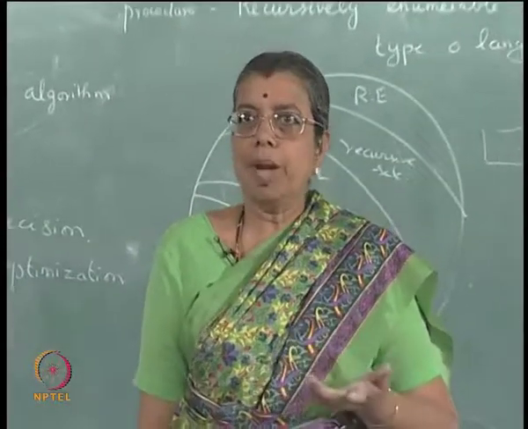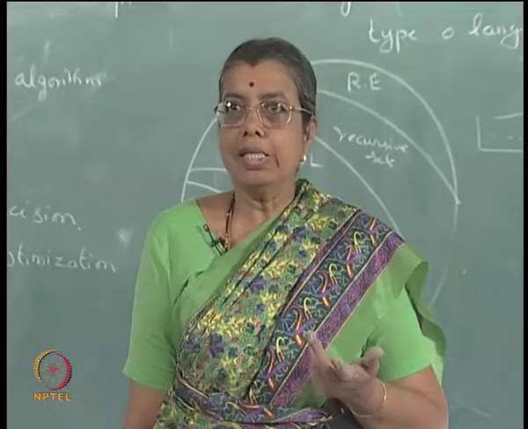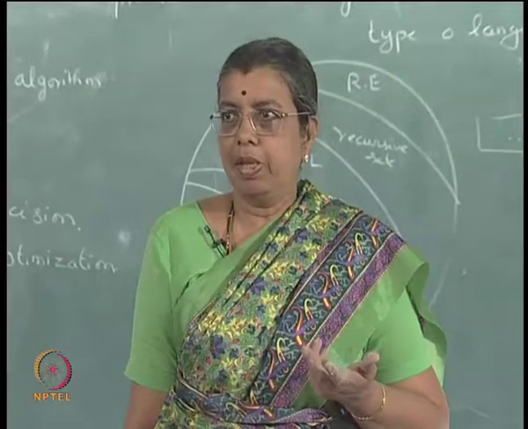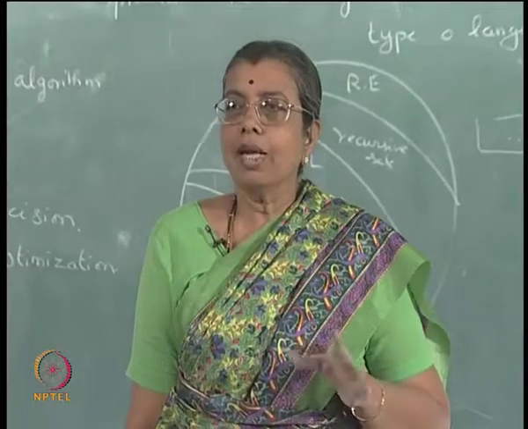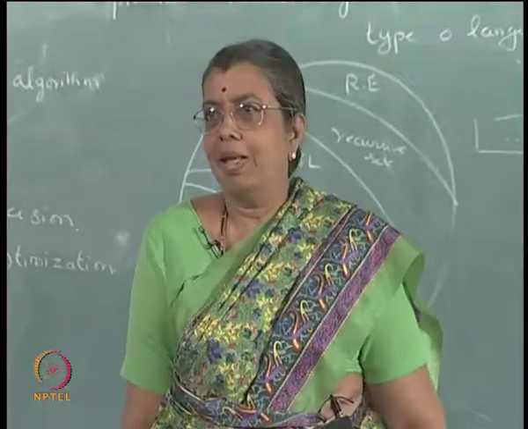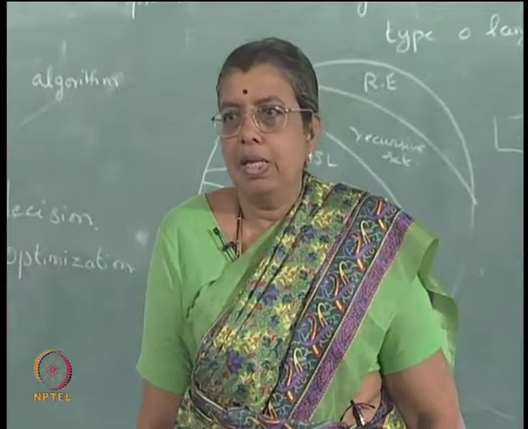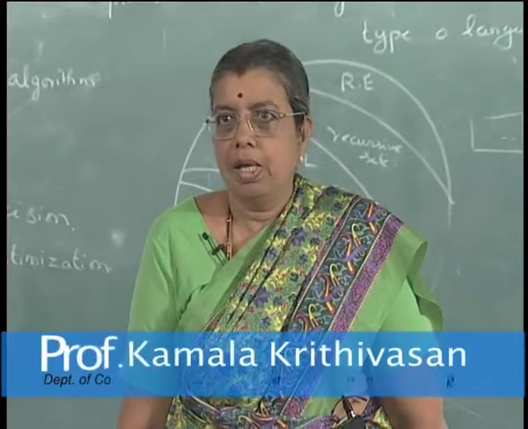So, you can look at problems as optimization problems or decision problems, and mainly we will be considering decision problems, yes or no answer. Of course, you can look at an optimization problem as a decision problem by converting it in a slightly different way, but generally we are more concerned with decision problems, right.